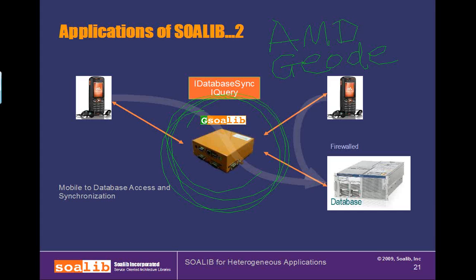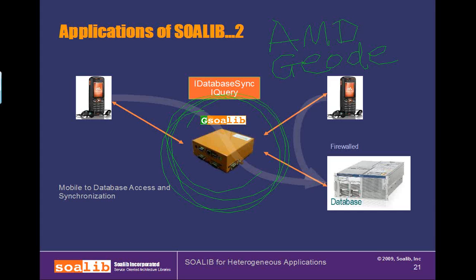SOALIB uses runtime memory management and runtime class loading. If a class is not required, it unloads the class. It's basically like Java virtual machine garbage collection. It uses its own garbage collection, so it makes sure that unnecessary classes or objects are not held in memory.